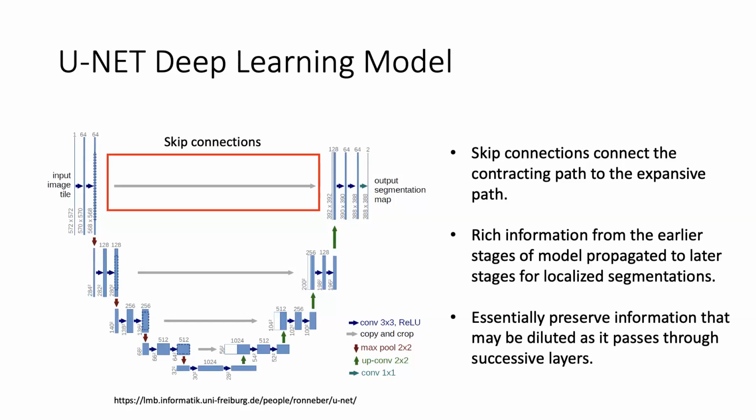But if we can preserve the rich details of the data and propagate it to the latter stages of the model, that's what we're doing with skip connections. Since we're working with histopathological data, this feature is especially useful since histopathological data is very rich and detailed. And just to conclude, the UNet model as a whole contributes to high quality and localized segmentations.